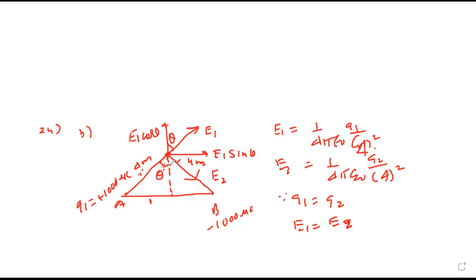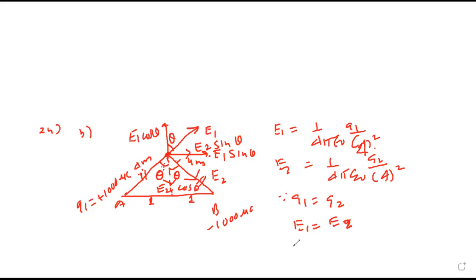If this angle is theta, even this will be theta, because it is an isosceles triangle and these two are same, so the angle will be same. So E1 has two components, E1 sine and E1 cos. E2 will also have two components, E2 sine and E2 cos. Okay.